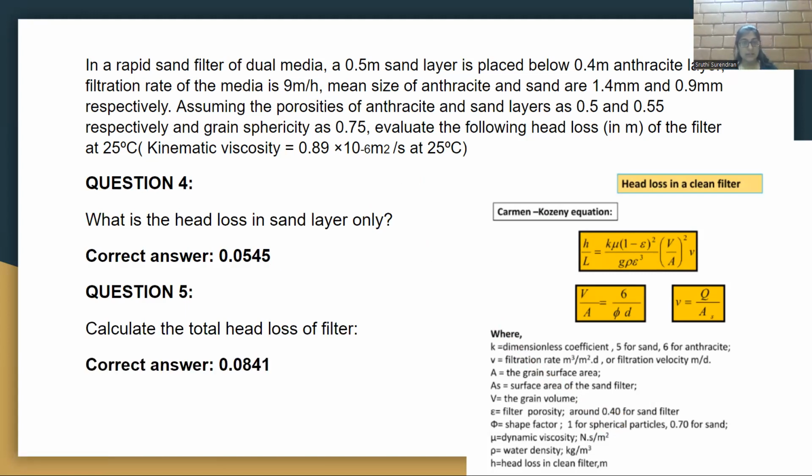So these will be the answers that you're getting. You can verify the answer after doing. I'll give you some time, then we'll move on to the next.